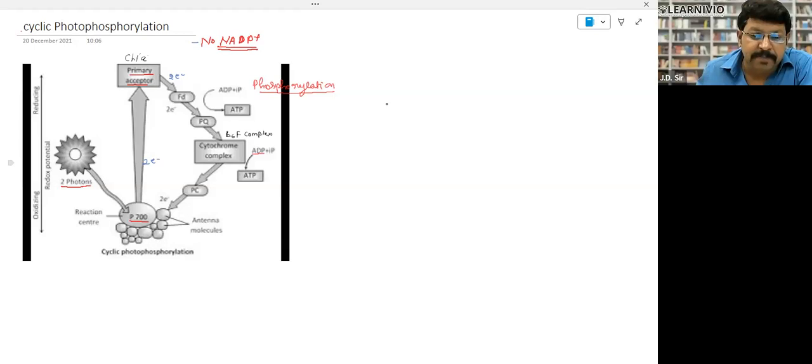Again it will be taken by plastocyanin. From plastocyanin, it will come back to P700. So it started its journey from P700 and again came back. Only the formation of energy took place, right? So this will take place when NADP plus is not present. This is called cyclic photophosphorylation, or cyclic electron transport system.